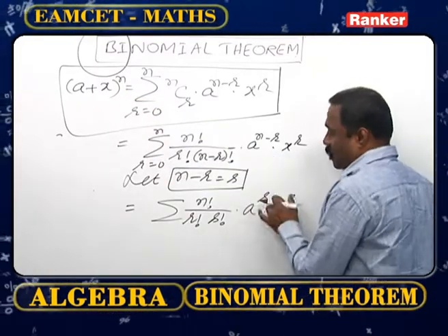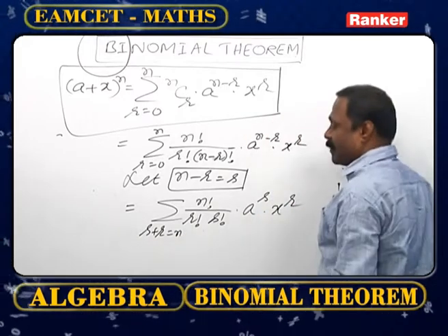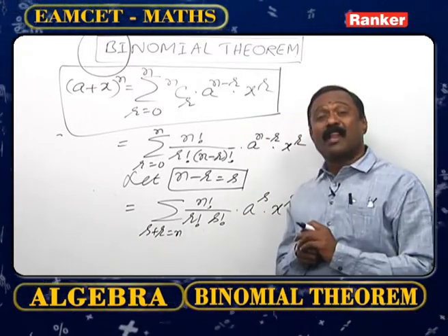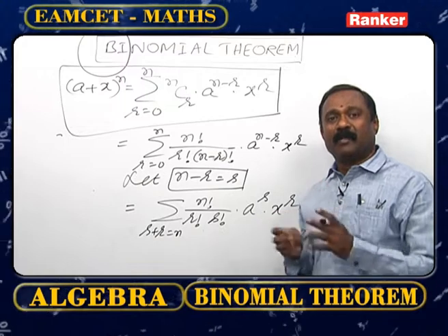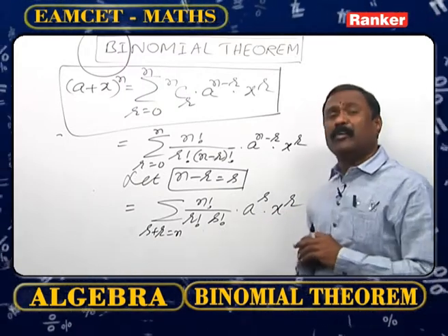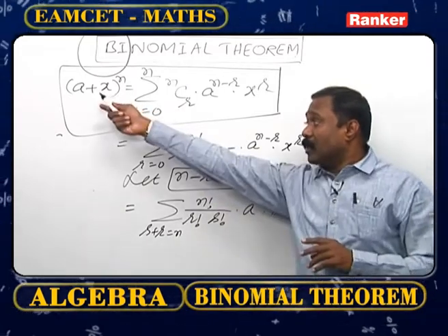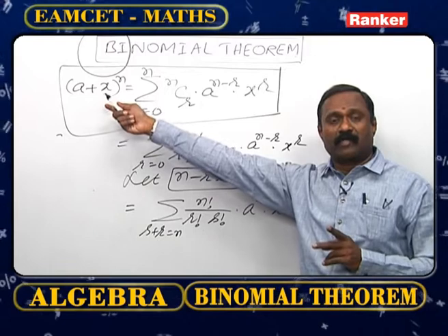So here also s plus r must always be equal to n. So now this can be generalized to any number of terms in the base. If you understand that, that will give you more comfort in solving problems when 3 terms are given, 4 terms are given.